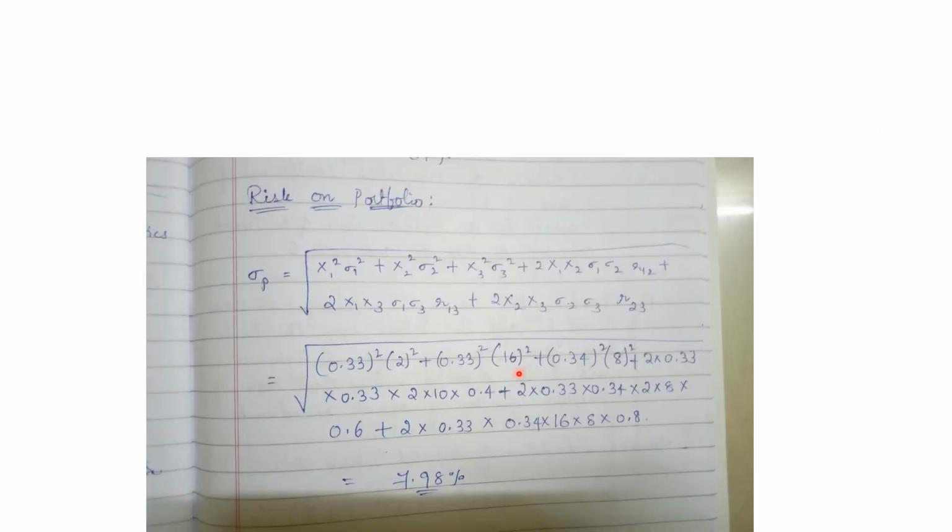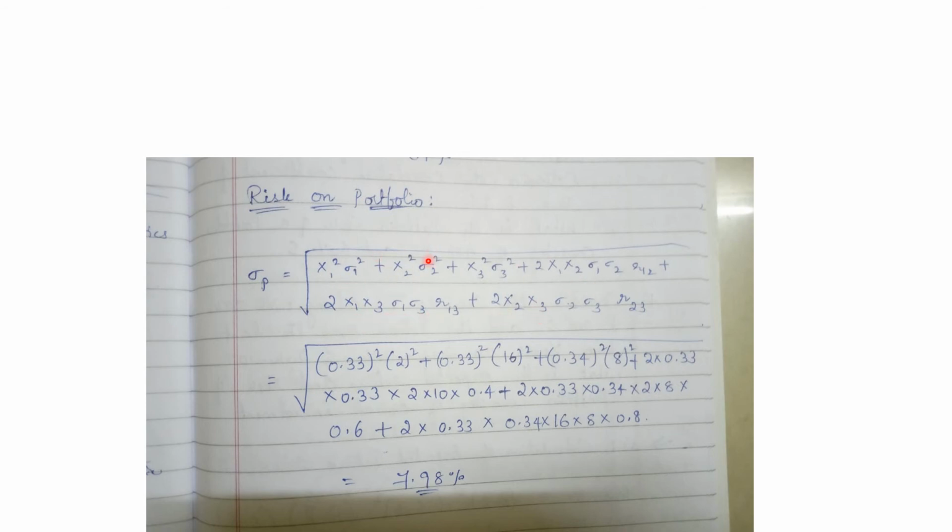Then coming to the risk on portfolio, so sigma p, that is standard deviation p, is equal to, you have to write the formula. So this formula I have explained to you in the previous lecture, wherein you have to find the correlation or covariance between first and second, then first and third, second and third.